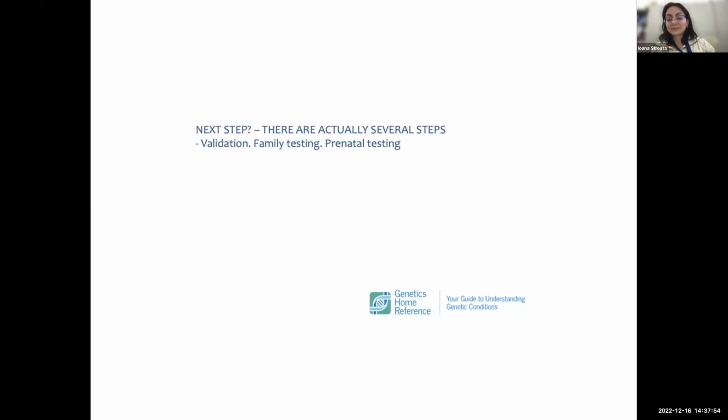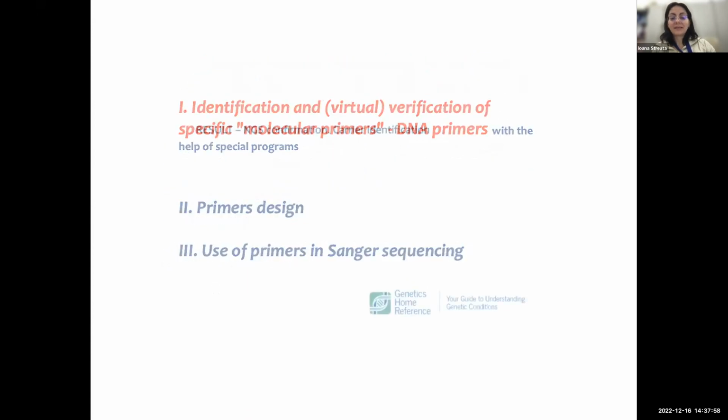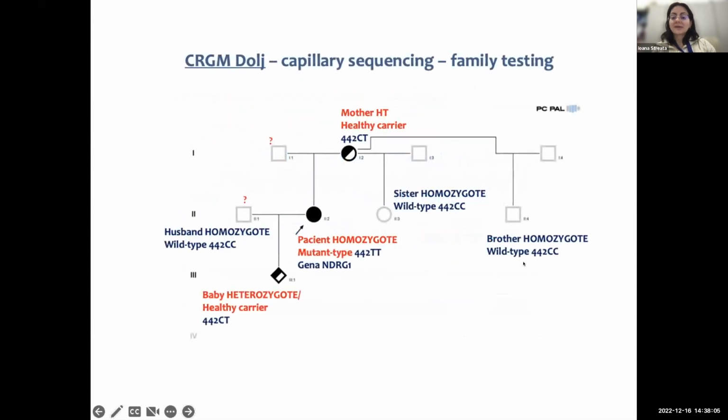We tested the family, the mother, her sister and her brother, and all of them were negative, so wild type homozygote. They have no variant there.